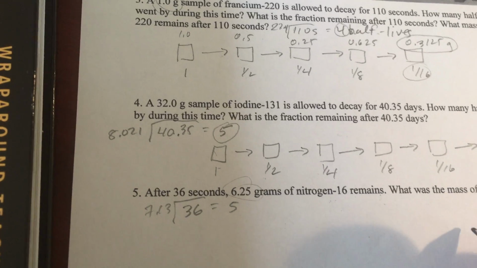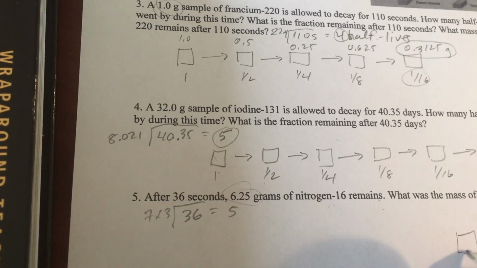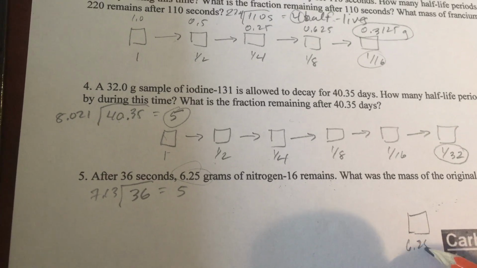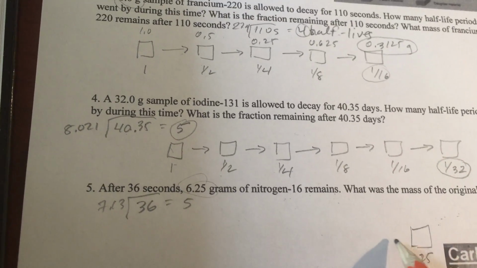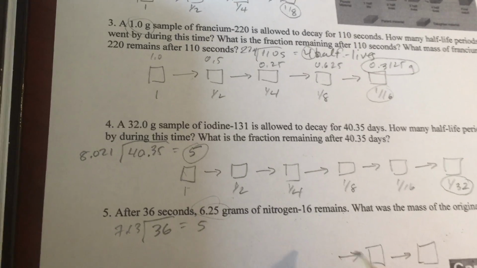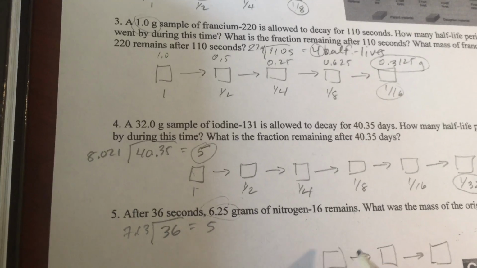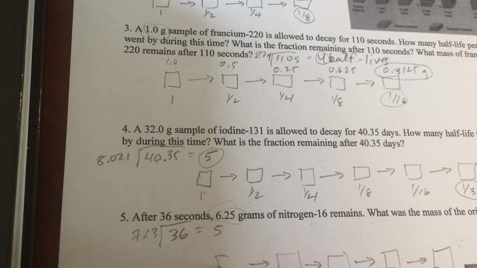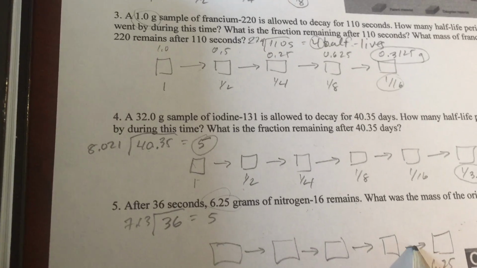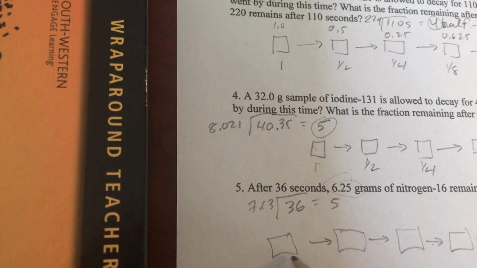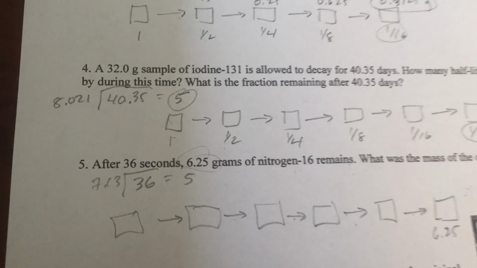So after that period of time, this much remains. So in this case, we have to start over here because it says that's how much is left over, right? So 5 half-lives. I'm just working backwards. That's 1, 2, 3, 4. I need one more. So there are my 5 half-lives.